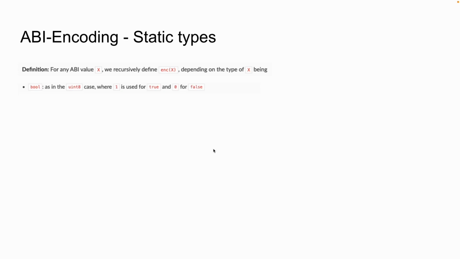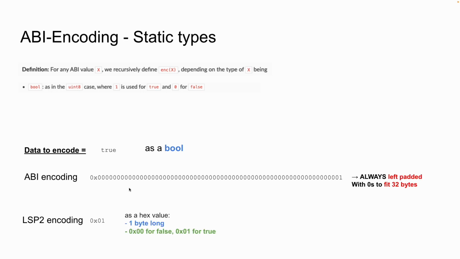Let's now look at the final type, a boolean. If we look at the specification of ABI, a boolean is encoded in the same case as an unsigned integer of 8 bits long, where the number 1 is used for the boolean value true, and the number 0 is used for the boolean value false. If we look at a basic example of encoding true as a boolean, with ABI encoding, it's always going to encode it so that it fits 32 bytes and it's left padded on the left side with 0.